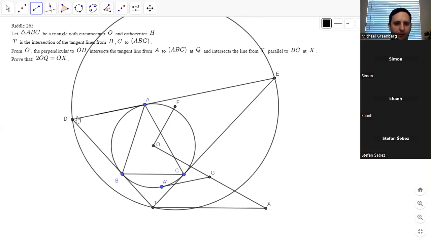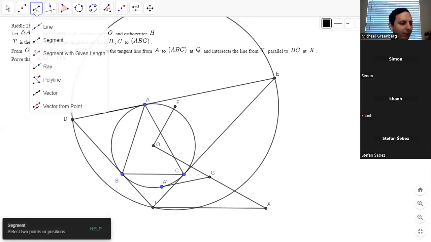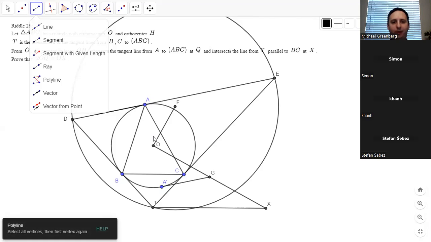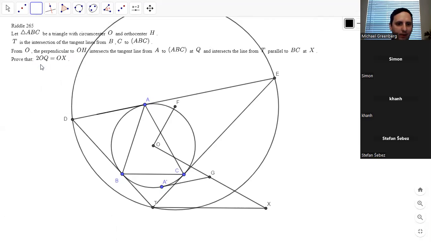Here's what it looks like I did. The new formulation is problem 39. But let's see if I can.